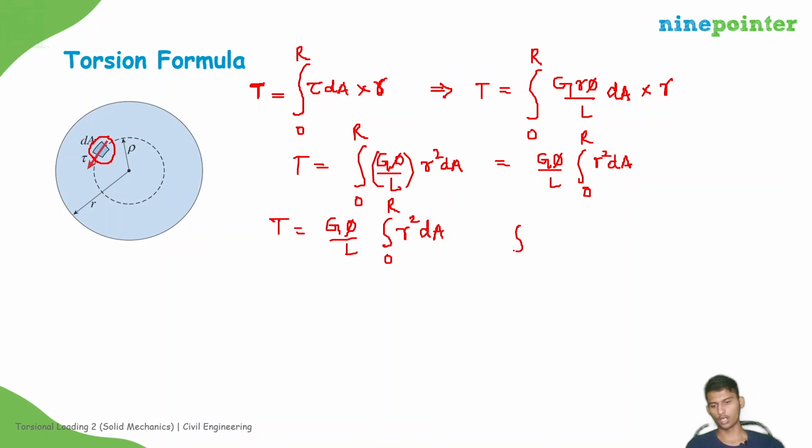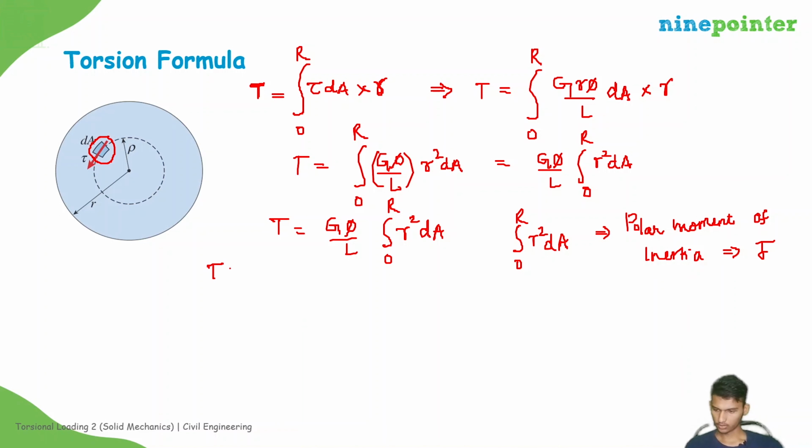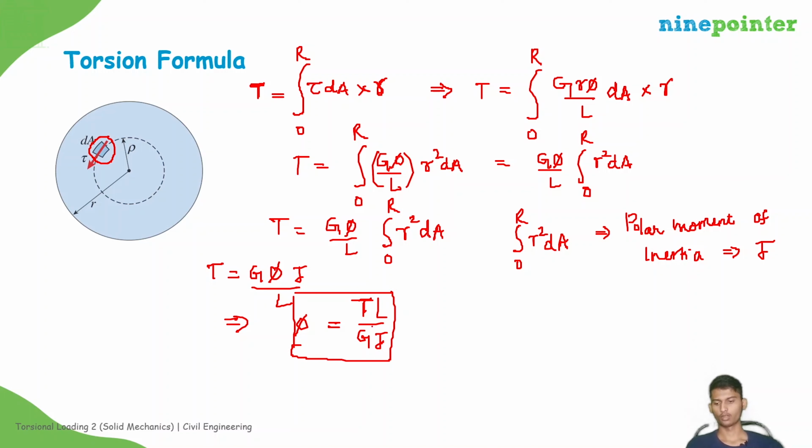So integral r square dA is known as polar moment of inertia. It is denoted by J. Okay. So T is equal to G phi J divided by L. So if we write phi, angle of twist will be equal to TL divided by GJ. Okay. This is the torsional formula for a torsion member.